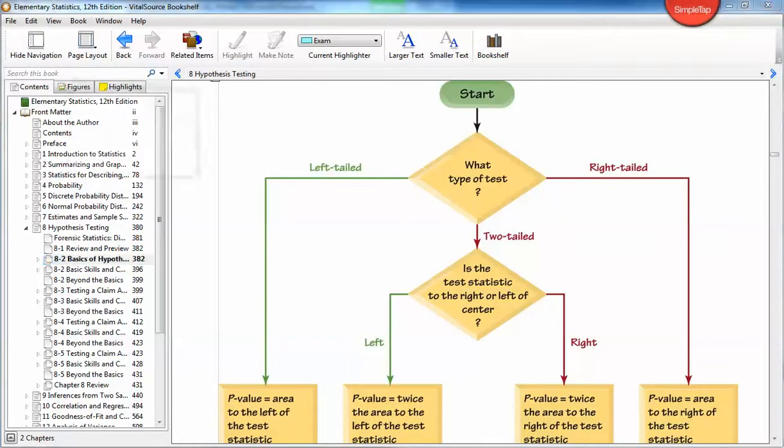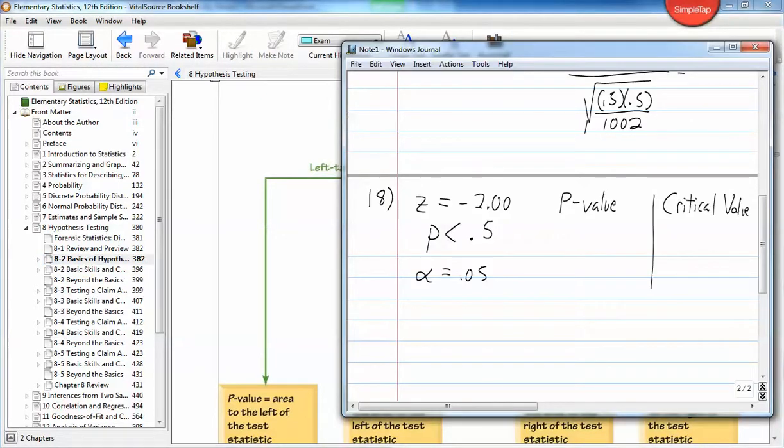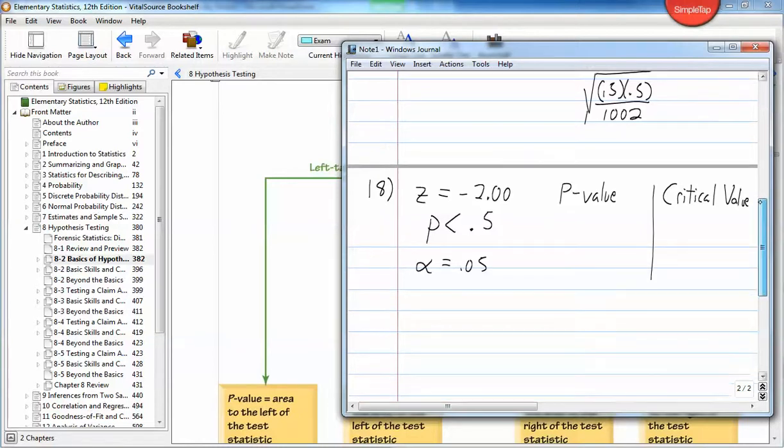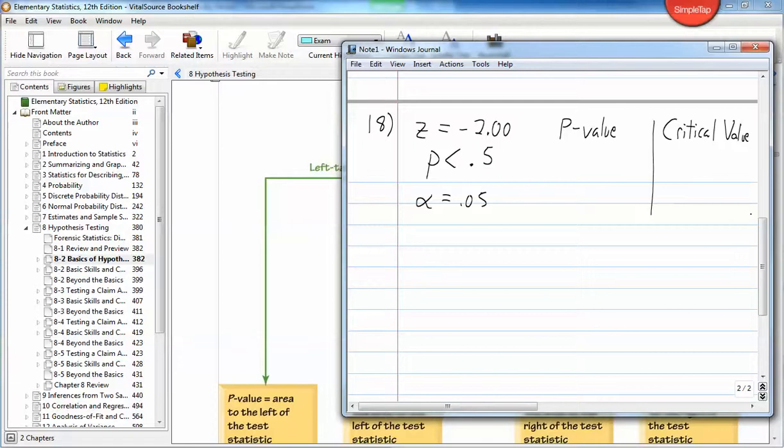The way that we tell if a test is left-tailed, right-tailed, or two-tailed is by looking at the alternate hypothesis. Now, we weren't given the alternate hypothesis, so we have to figure it out. The claim was p is less than 0.5.